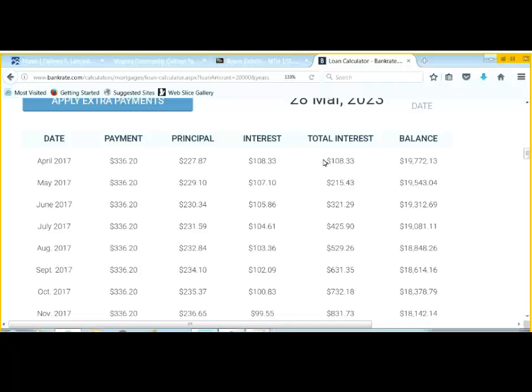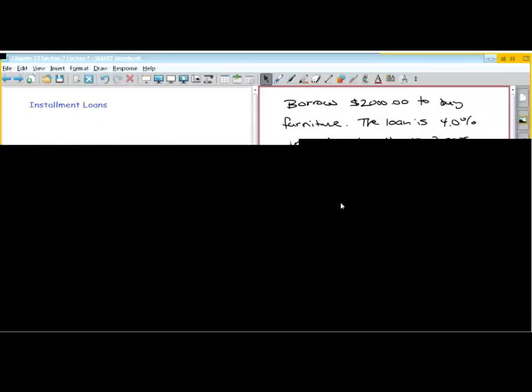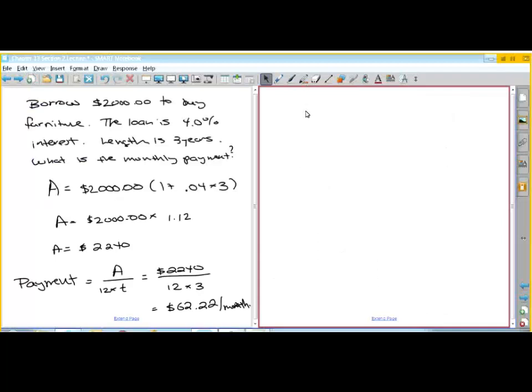Okay, so let's show you how this calculation is done. It's pretty simple. This you are going to be responsible for, and there are some homework problems that go through this. So typically what I do is I just ask you to do the first couple of parts of the table.